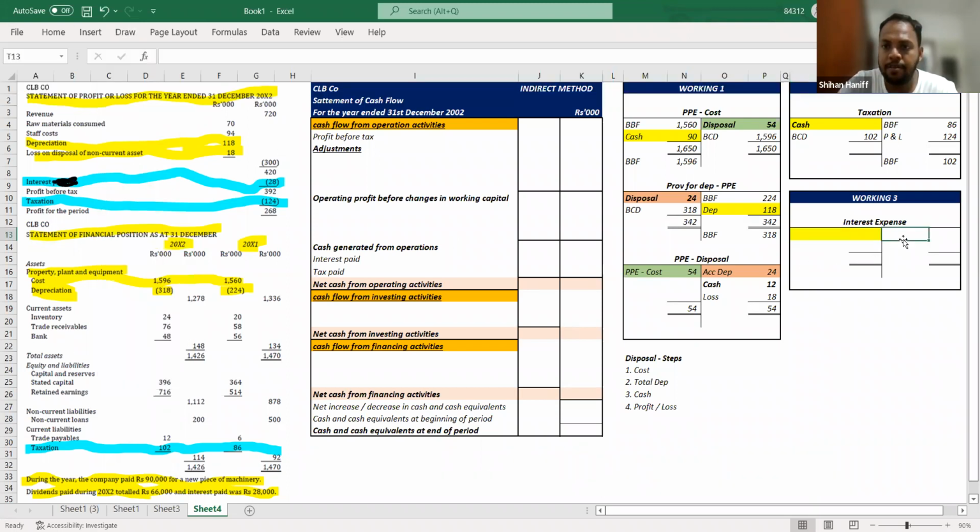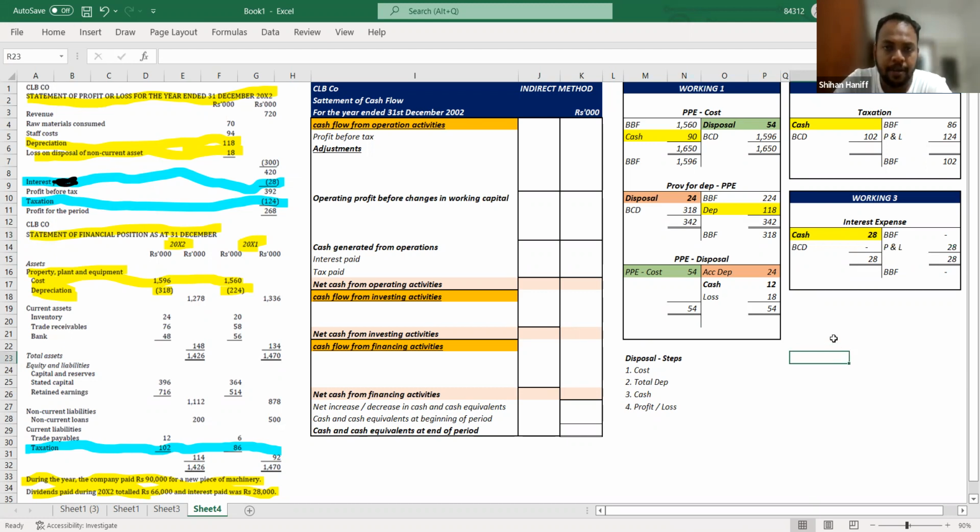So interest, there is no opening or closing balance. Some questions you will get the opening closing balance. P&L 28. So how much is cash? Cash also same. So there is no payable or prepayments. Therefore, the expense for the year is completely paid. 28 is totally paid.